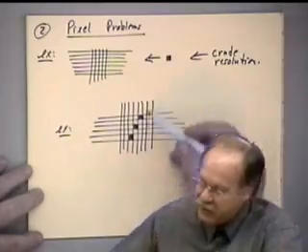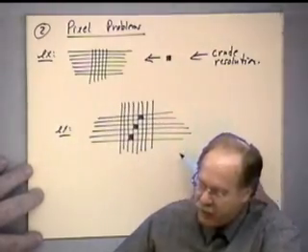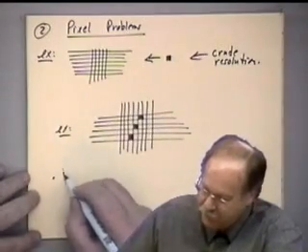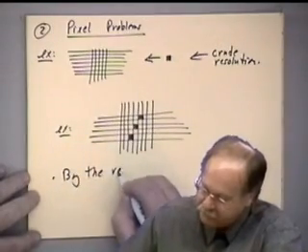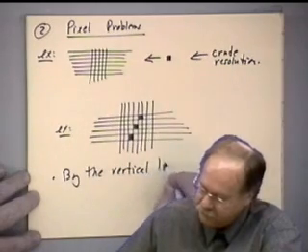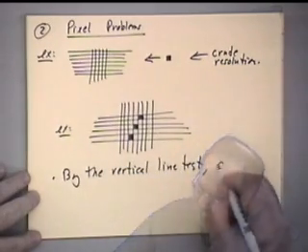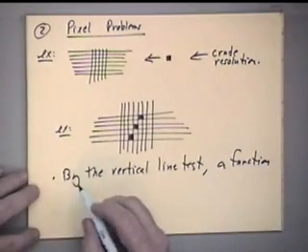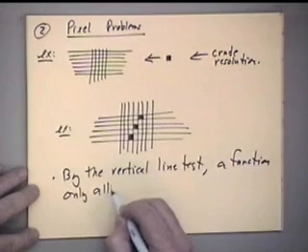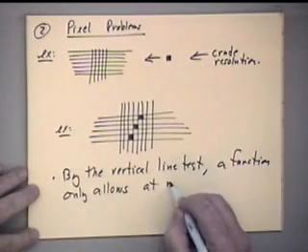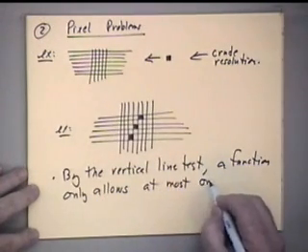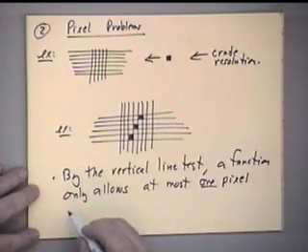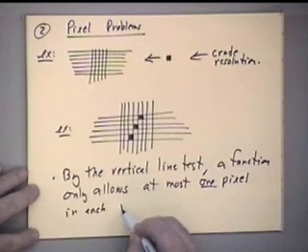Why? Because this is also determined by the definition of a function. By the vertical line test, a function, which is what the calculator is trying to graph, only allows at most one pixel, which represents 1 point in the image, 1 pixel in each vertical column.